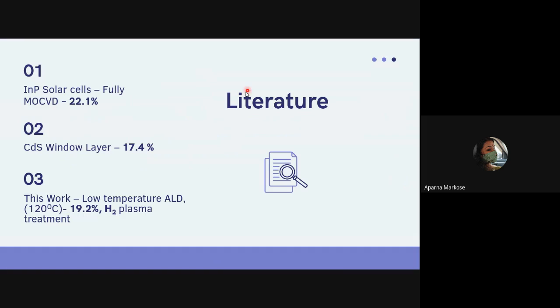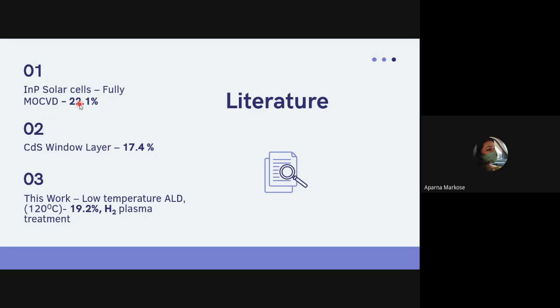In the literature, in this paper they are mentioning that an indium phosphide solar cell came before, fully made with MOCVD, metal organic chemical vapor deposition, and that is really costly.